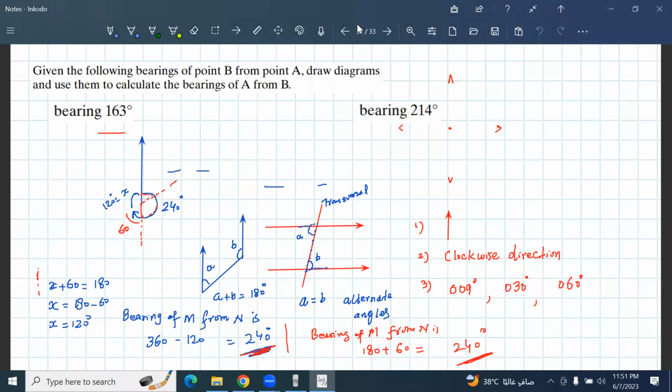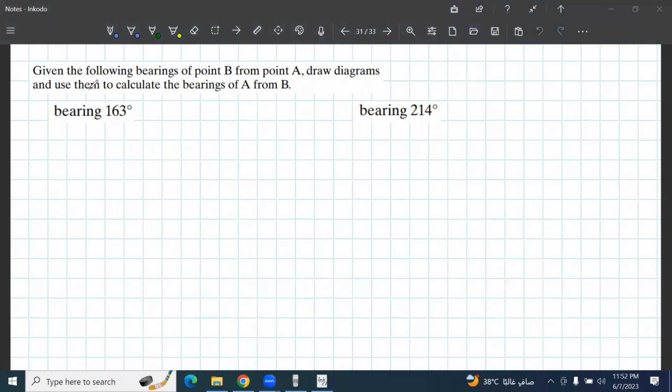Okay, let me clear my drawing. Yes, given the following bearing of point B from point A, draw diagrams and use them to calculate the bearing of A from B. So first of all, we will try to show this bearing in the diagram, and then we will find out the bearing of A from B. Let's suppose we have one point here, which we say is point A. Now we must have one north at point A. This is the north.